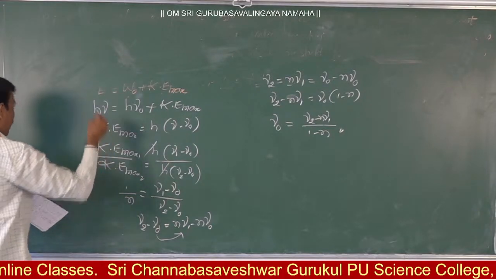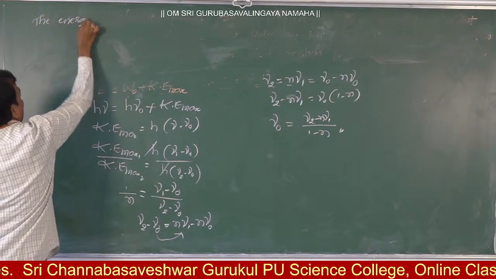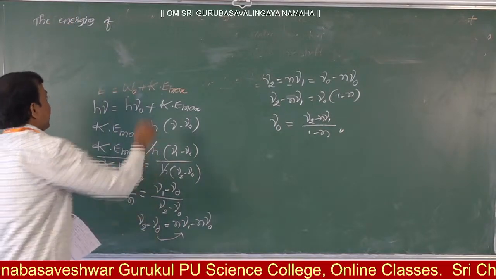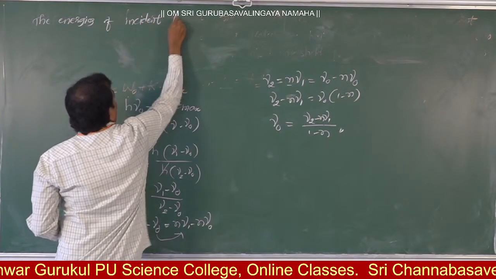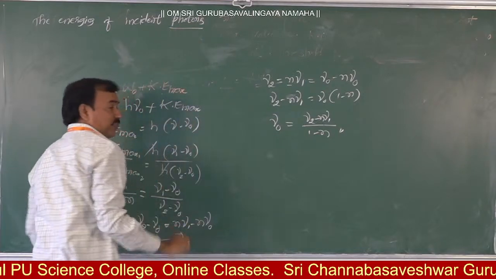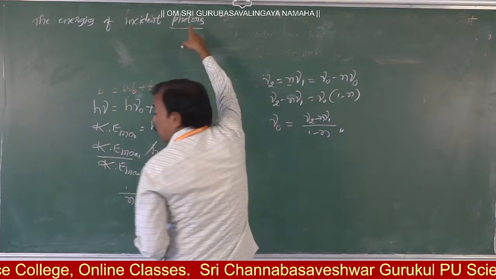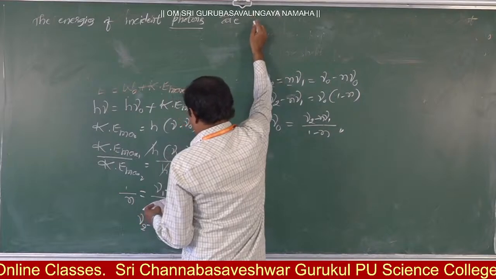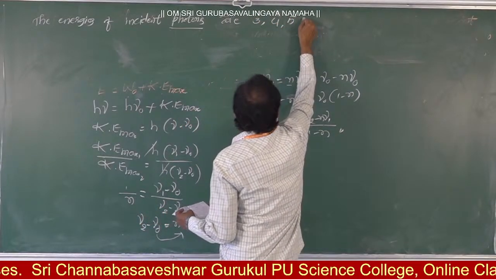The energies of incident photons, photons, not protons, are 3, 4 and 5 electron volt.